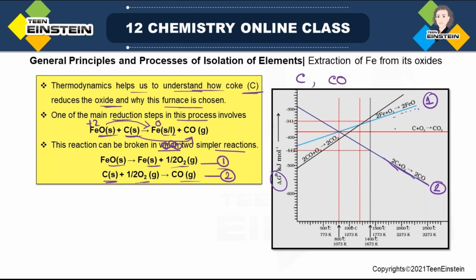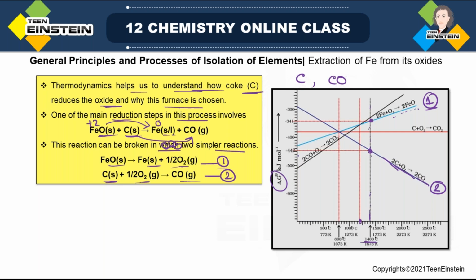Now as it is a reverse equation, at any temperature, suppose I choose this dotted line, which is at 1400 degrees centigrade. At this temperature, if we extend this line, it cuts here at the iron equation 1 line, and for the carbon line it cuts here.